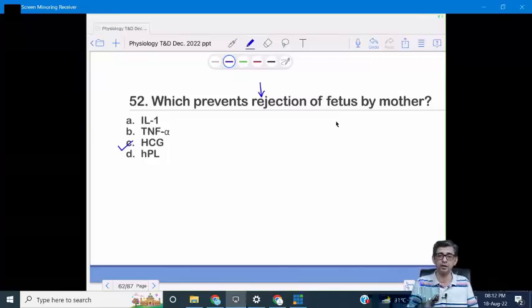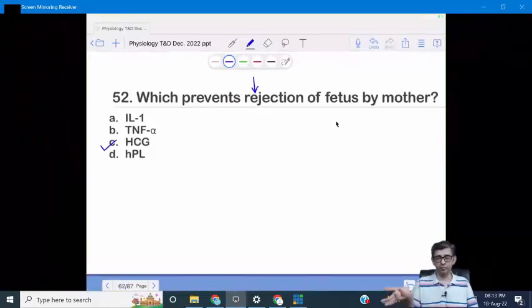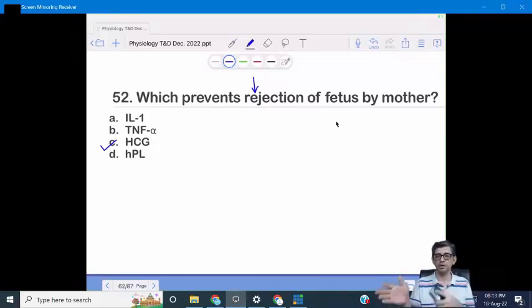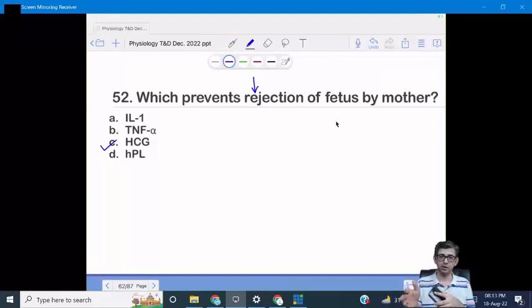HCG is important for pregnancy maintenance, that is okay. But at the same time, one of its important functions is that it acts like an immunomodulator. It helps the mother's immune system react to the fetus as self only. Normally the immune system is always about self and non-self; if it's non-self, attack it, but here it is not going to attack the fetal tissues. The blood of the mother comes in contact with the blood of the baby, but the immune system of the mother does not attack the baby, thanks to human chorionic gonadotropin. Answer to 52 is option number C.